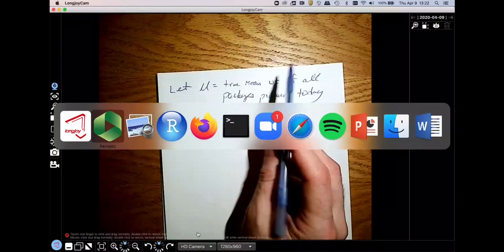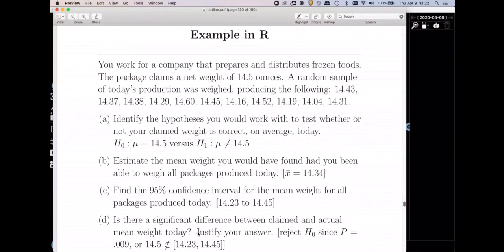Another really important point is the way the question is asked is not directional. Sometimes you'll get a question that says something like, test whether the true mean weight is less than what's claimed.